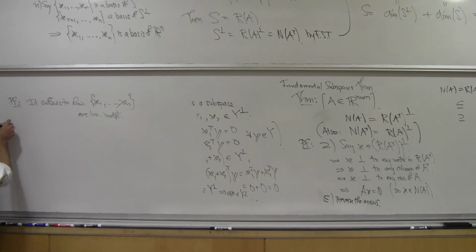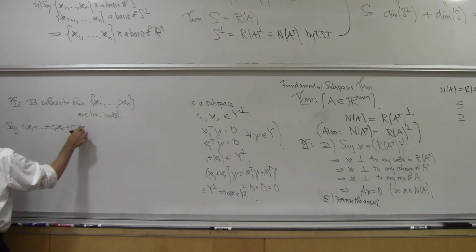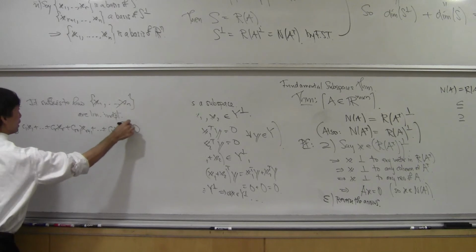So suppose that c1 x1 plus ... plus cr xr plus c(r+1) x(r+1) plus ... plus cn xn is the zero vector.